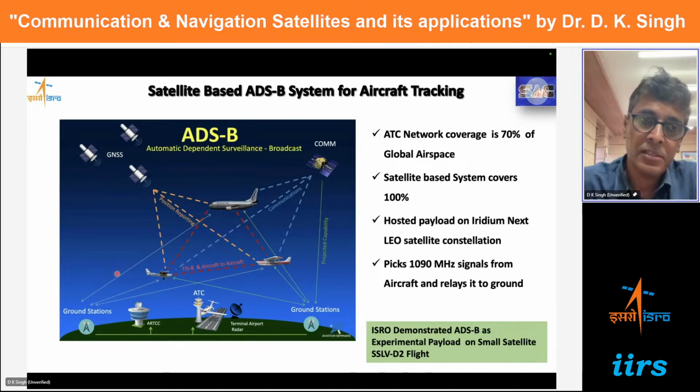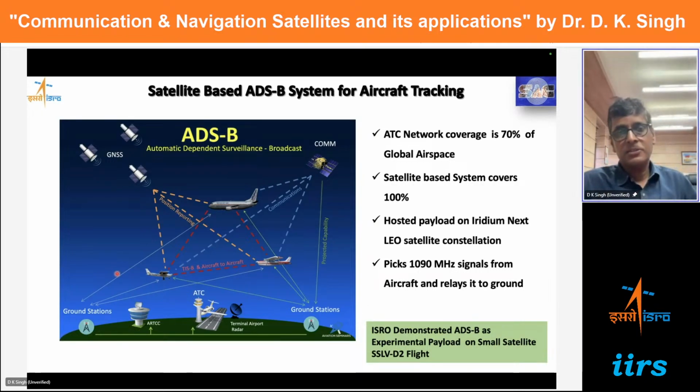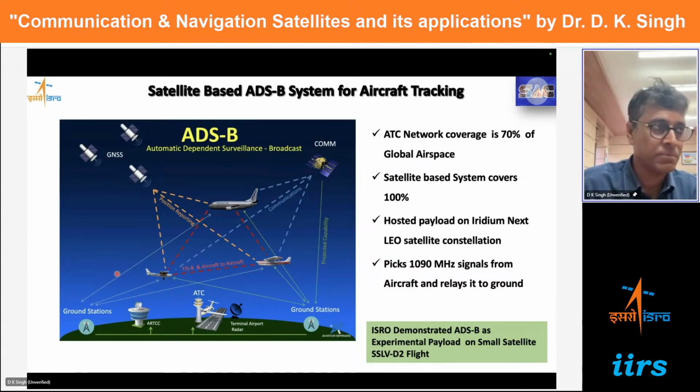So the same signal in this system is picked up by the satellite in space, decoded and sent to the ATC. So coverage can be improved to 100% by using the satellite based ADS-B system. We have already demonstrated this in one of the small satellites recently launched by the small satellite launch vehicle D2 flight, and it detected several thousand aircraft when we were experimenting with that payload.